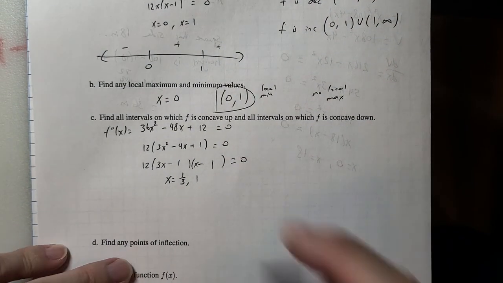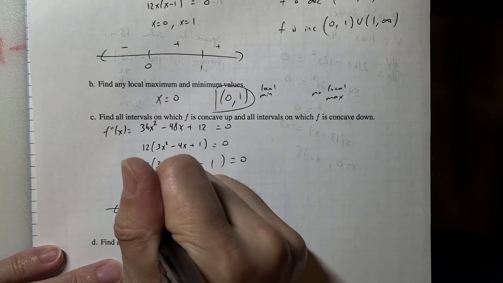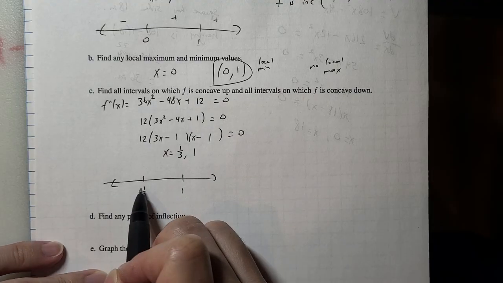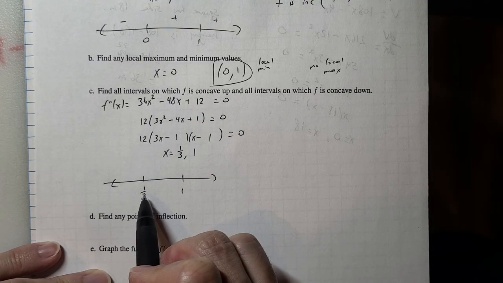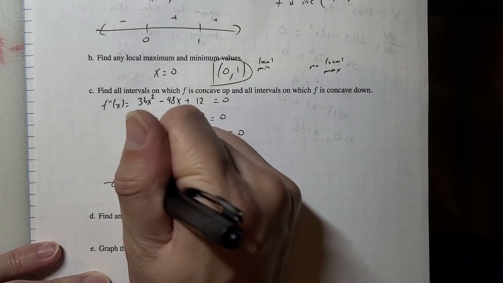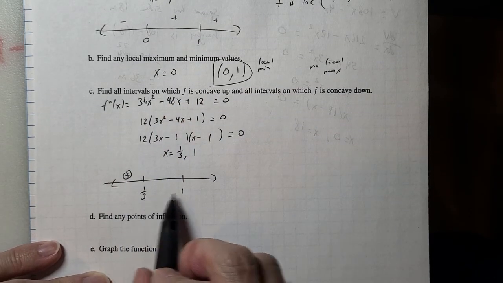Now we do our second derivative test. We plug in a number less than 1/3, like 0. We see that the sign is positive. Then plug in a number between 1/3 and 1.